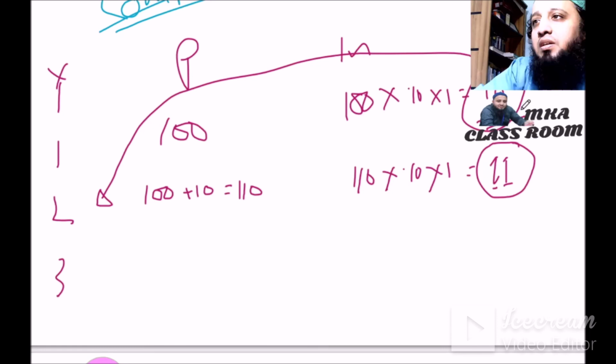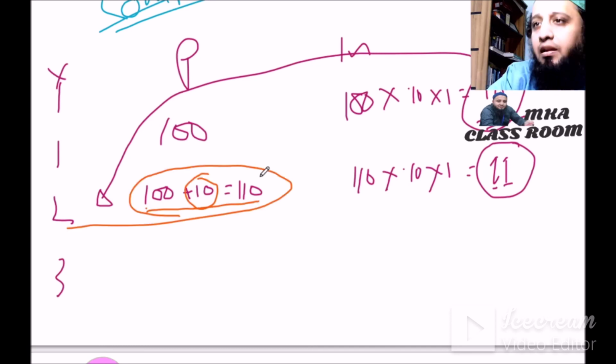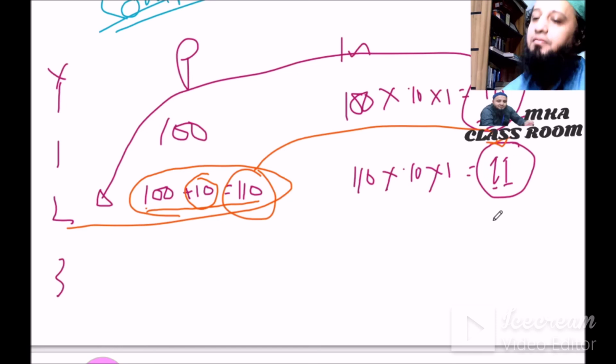At the beginning of the second year, this amount is reinvested. That's why your principal becomes 100 plus 10 equal to 110, and this principal will earn interest of 11 taka.